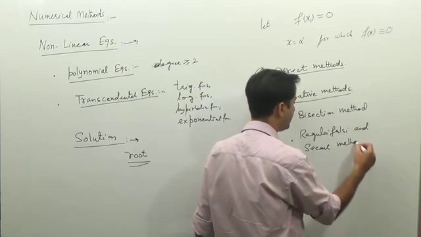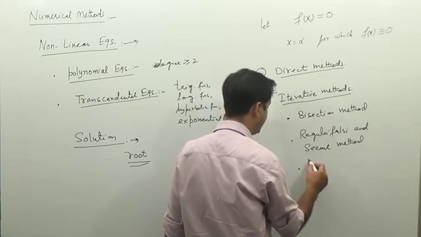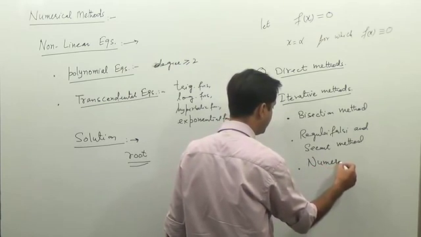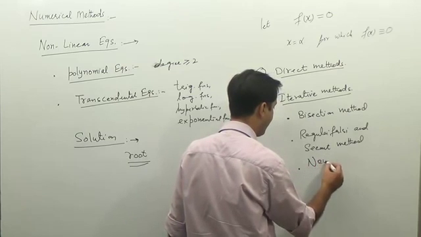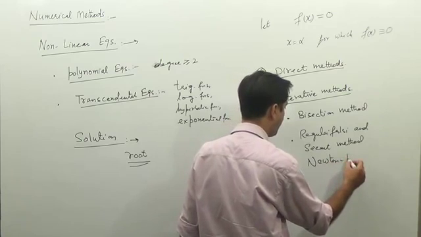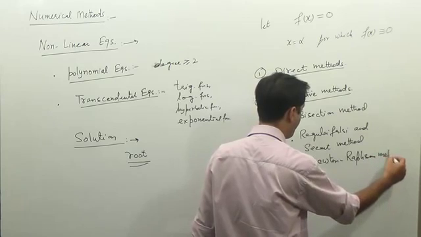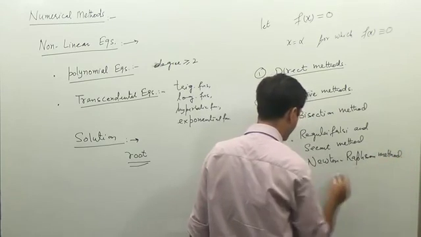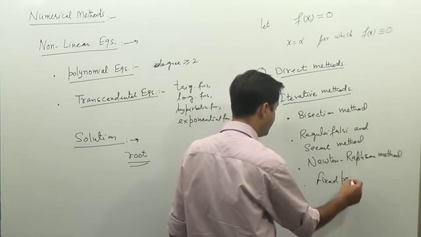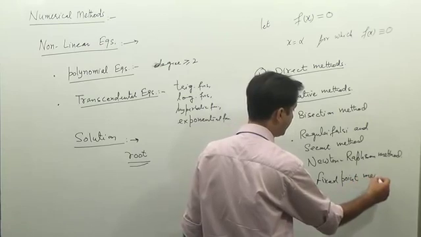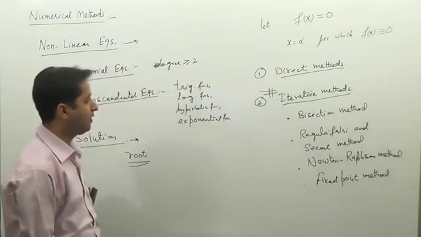These are the bottom line methods. Then we discuss the Newton-Raphson method and the fixed point method. So mainly we focus on these four.